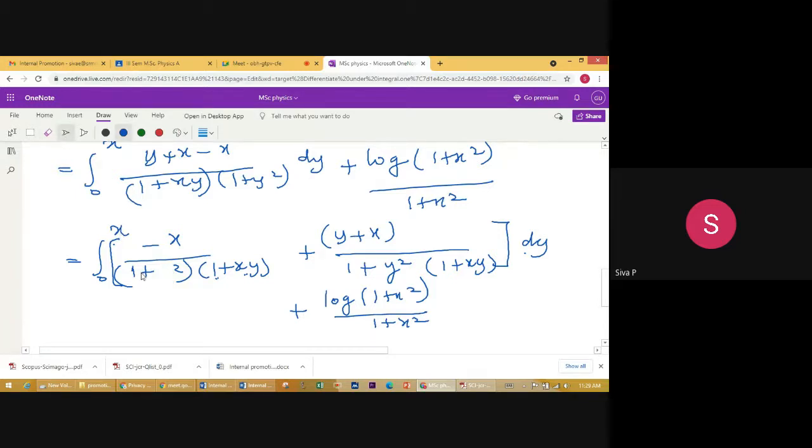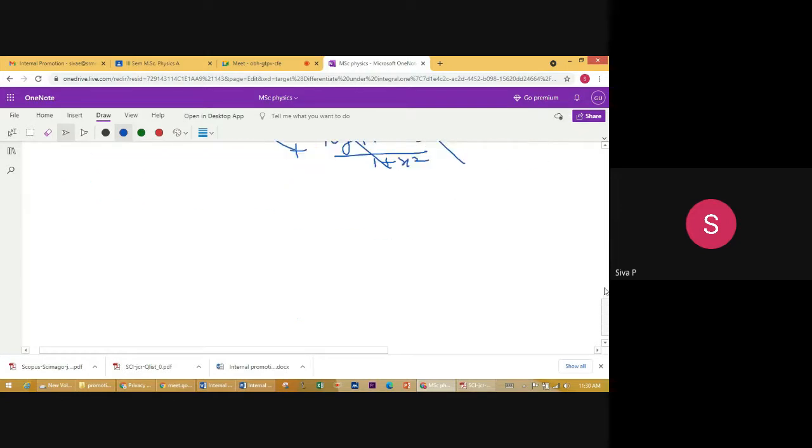Actually 1 by minus x by x square only given, but here y square is given. 1 plus x square, not x1. Actually it is given like that. The second time also wrong. I will strike out this step now, and then I will write that question. This step you strike out. That is not correct. You come to that next.